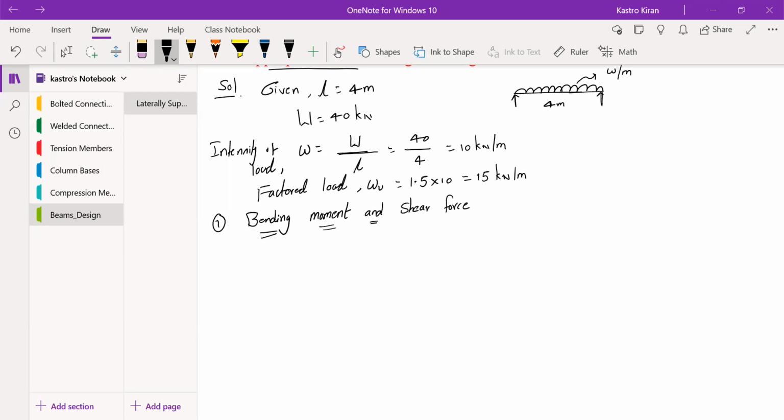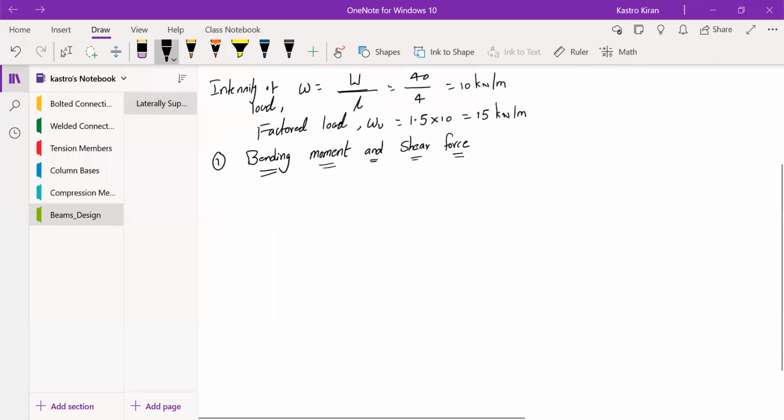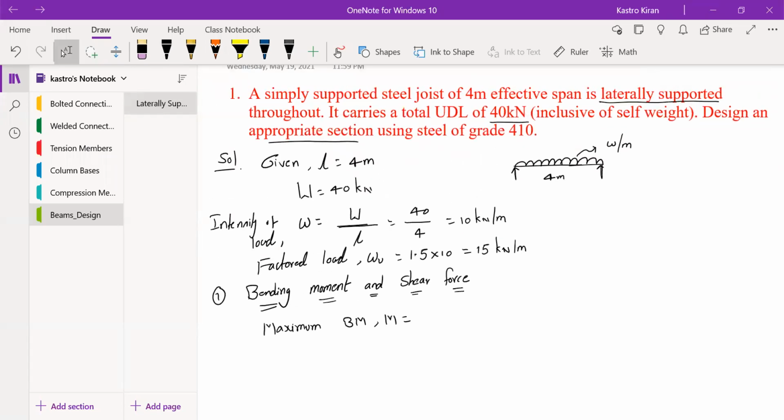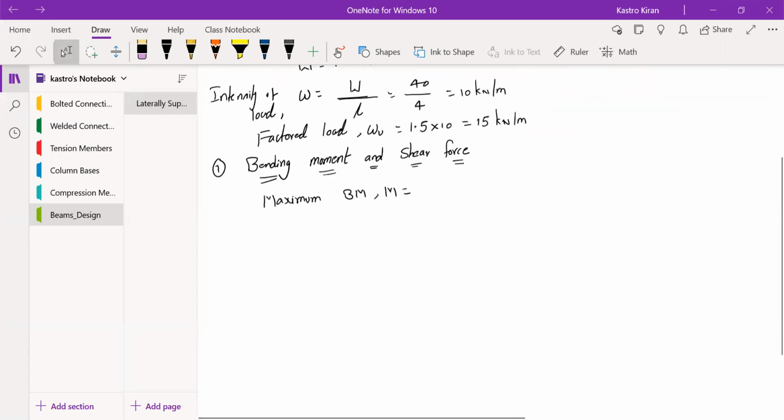The bending moment is denoted with the symbol capital M. Maximum bending moment M equals, you know the formula, when a simply supported beam carries a UDL, the maximum bending moment is WL square by 8.